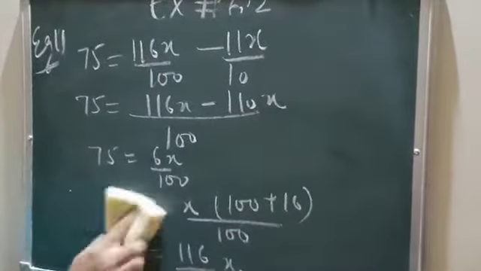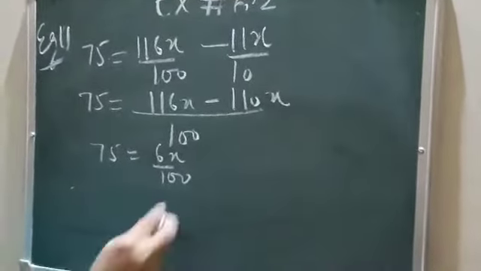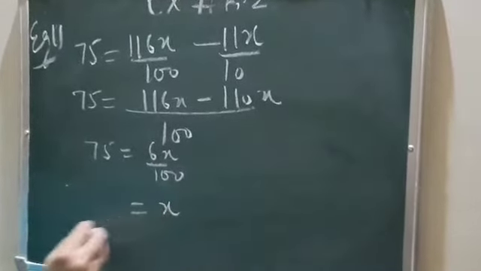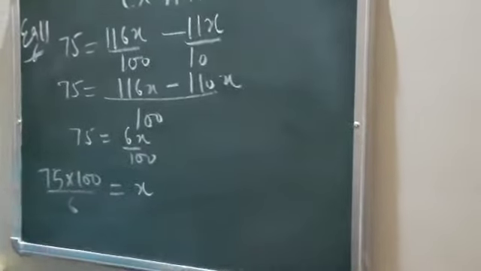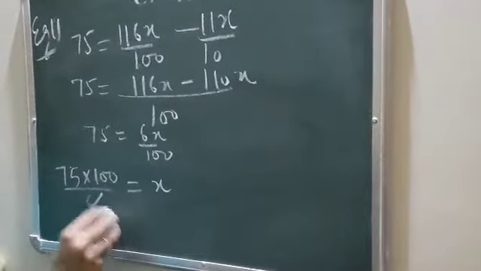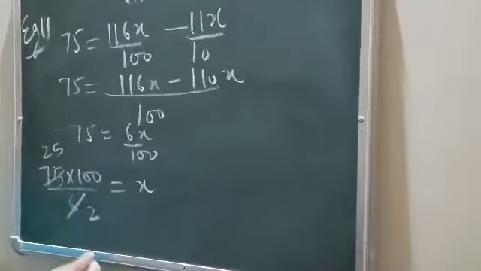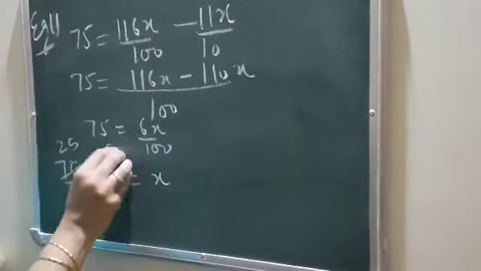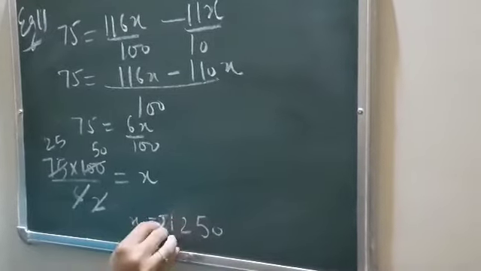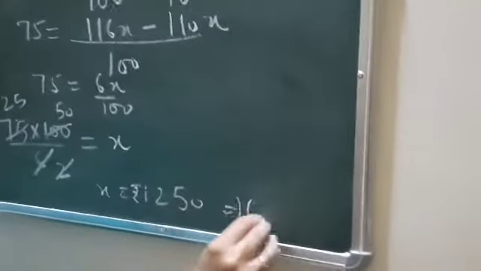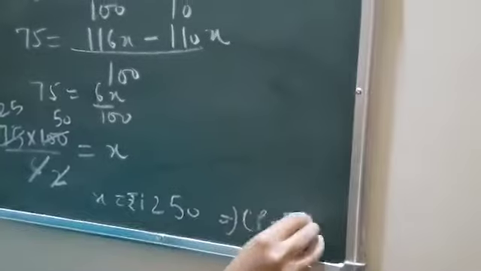Now for finding x, x will remain here alone, 100 will go in the numerator and 6 will come in the denominator. Cut it by 3. So x will be 1250. So CP is rupees 1250.